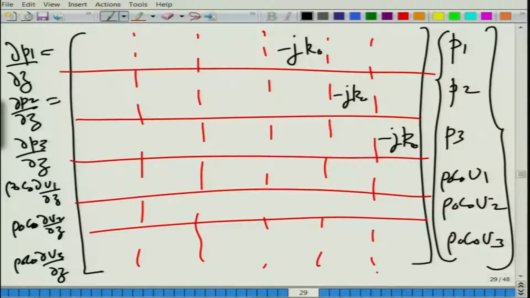Let us write down the entries corresponding to the continuity equation. So, here we have minus j k naught plus 4 by d1 zeta 1. So, this goes here, this guy goes here, minus j k naught minus 4 d1 zeta 1. Okay. And then you have your P2 term. So, this guy will go in here, zeta 1, and this will be 0 0 0.